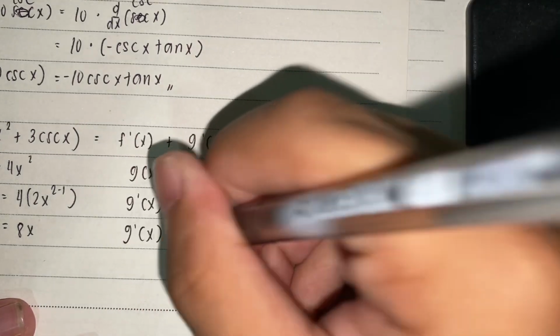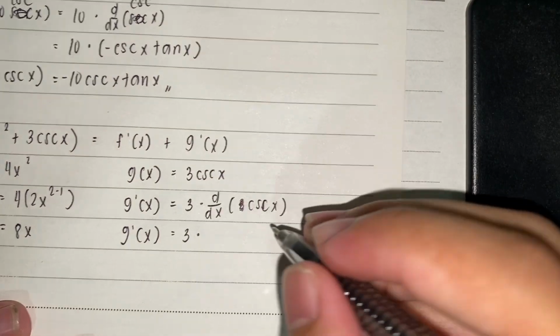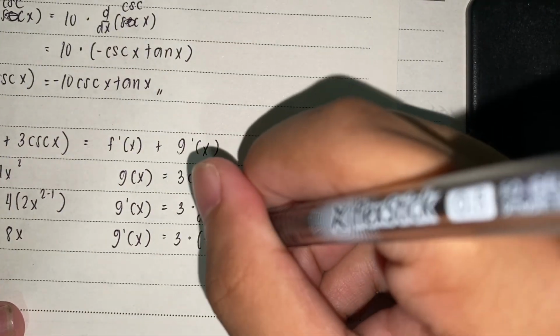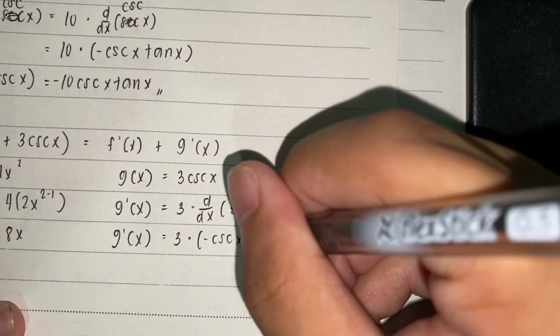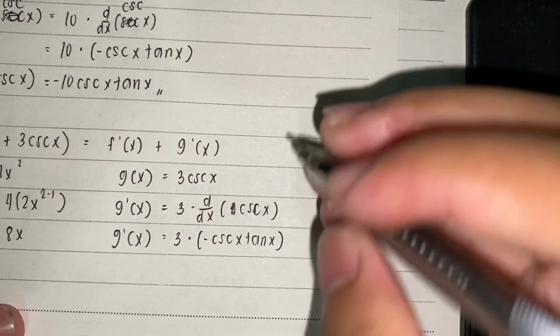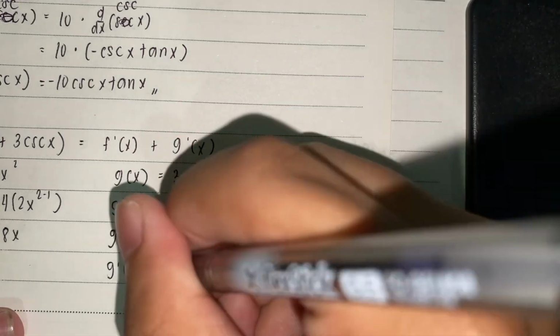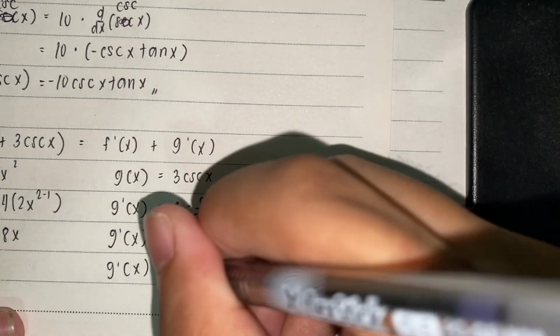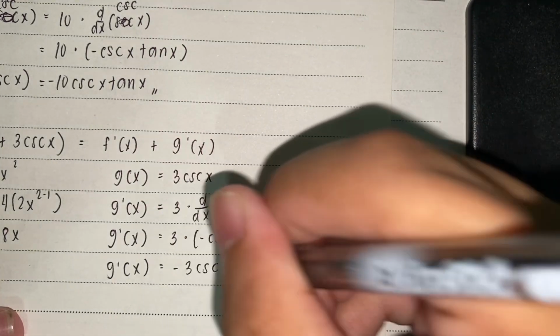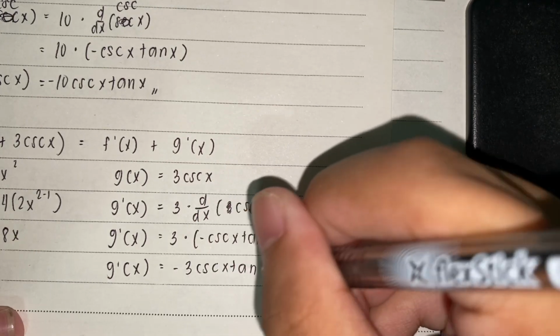So the g prime of x is going to be equal to 3 times the derivative of cosecant x, which is negative cosecant x tangent x. Now perform the operation. G prime of x is equal to negative 3 cosecant x tangent x.